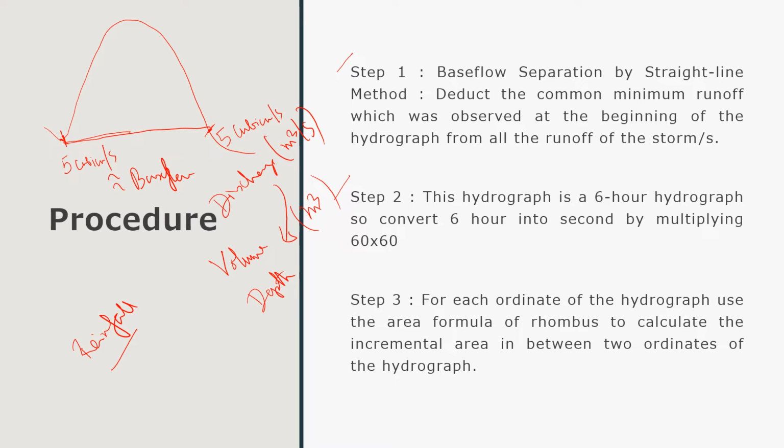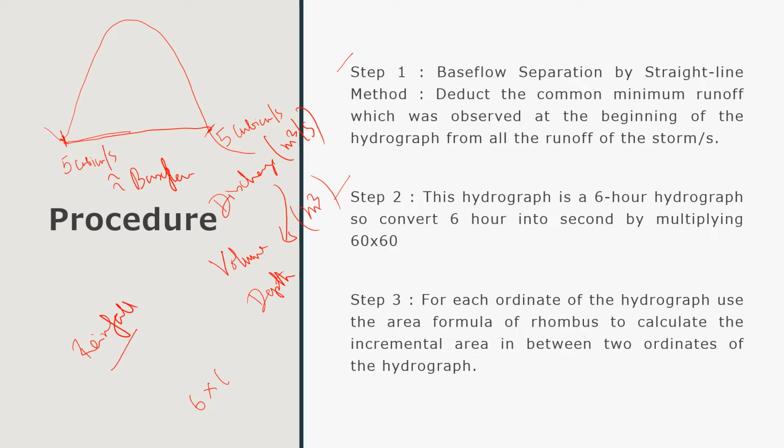To do that, you have to multiply 60 into 60 with 6 hours, because we have a hydrograph which has a 6-hour frequency. That means the ordinates given have a frequency of 6 hours. So first convert this 6 hours into its second value.